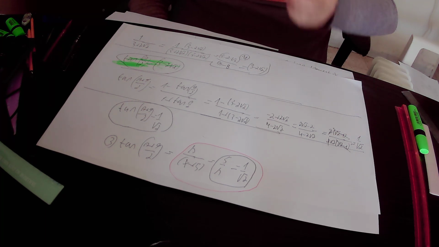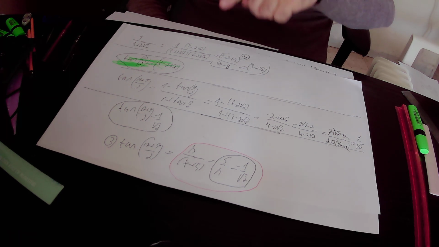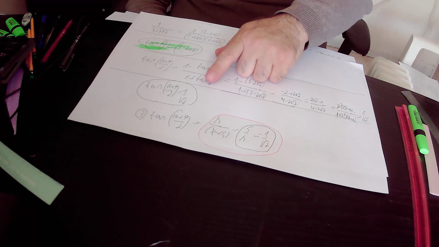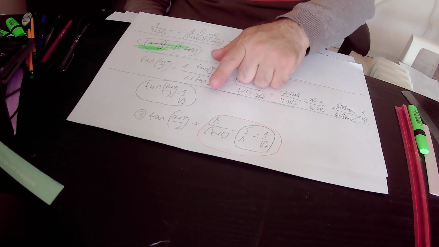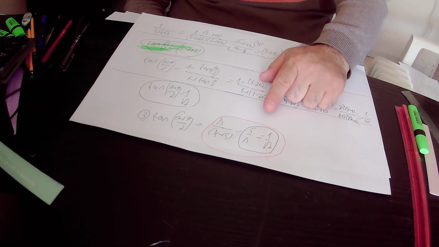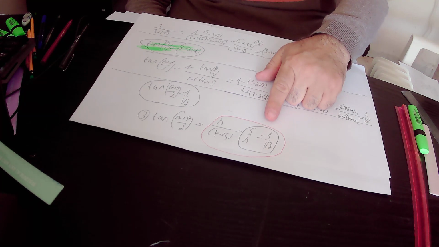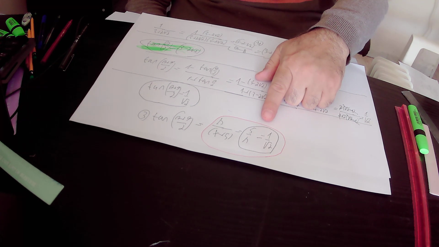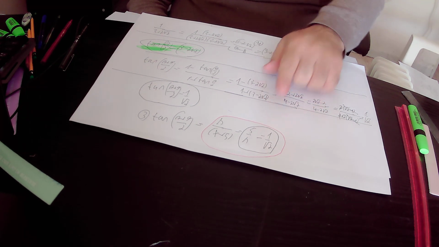So in conclusion, we found out that tangent theta plus alpha over 2 equals 1 over square root of 2. So we can write down equation number 3: tangent theta plus alpha over 2 equals 1 over square root of 2. That's what we just found out right now.